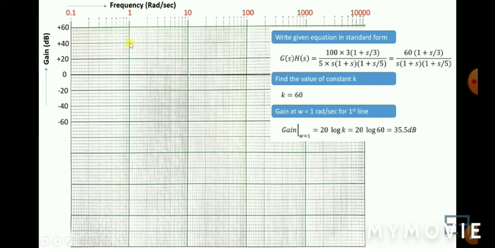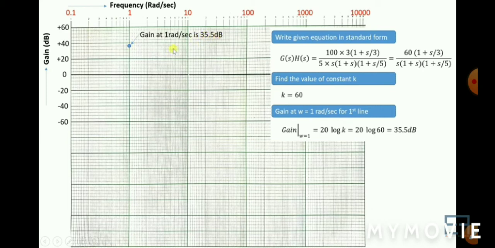I am not drawing any reference line, so directly we will draw the main magnitude line. So 20 log K is 35 dB for omega equals 1. So for omega equals 1, 35 dB, that I will mark here. I will mark that point.